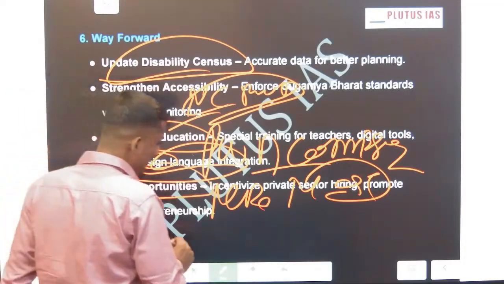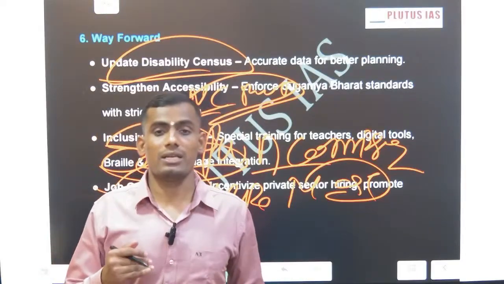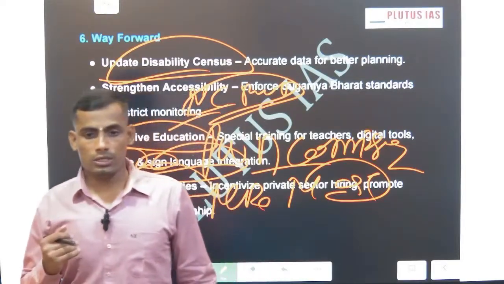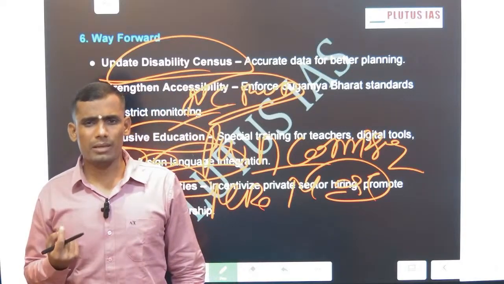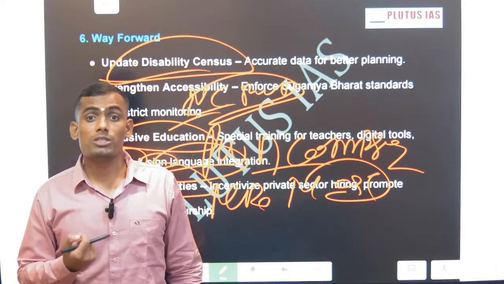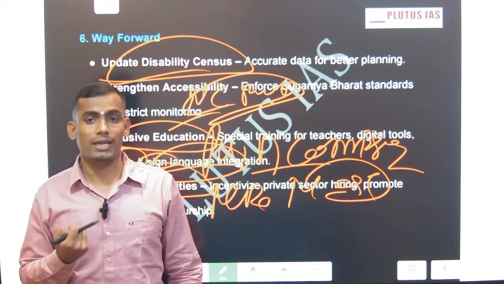There are officers with special abilities. I remember Ira Singhal ma'am in UPSC had a certain kind of special ability, and she cleared UPSC five times, and Ira Singhal ma'am was the topper of UPSC. Can you imagine?